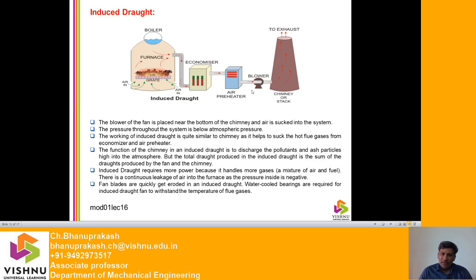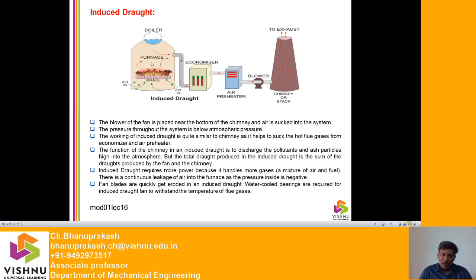In the entire system there may be a leakage of air into the furnace, as the pressure inside is negative. But in the forced draught fan, the pressure is positive, because the blower sucks the air from the atmosphere and sends it to the grate, to the furnace.